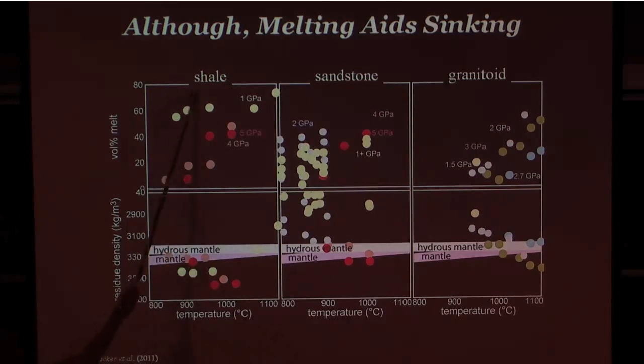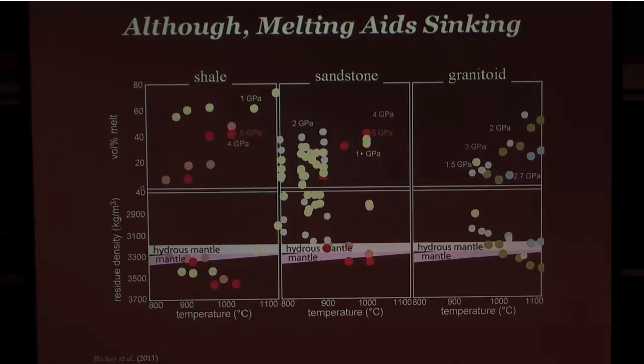If we look at shale, so say typical pelagic, aluminous, mica-rich sediments, clay-rich sediments, or sandstones, or typical granitoids, and think about what happens when they reach temperatures of, let's say, 1,000 degrees in round numbers. The answer is they all melt.